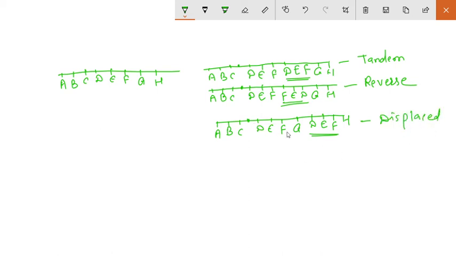Displaced. When it is at the same side of the centromere, then it is homobranchial.